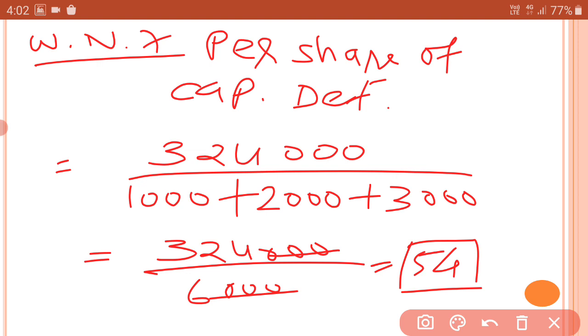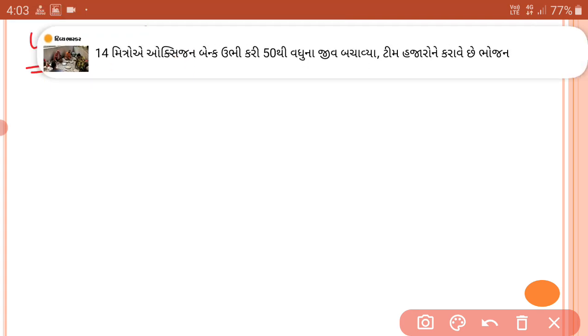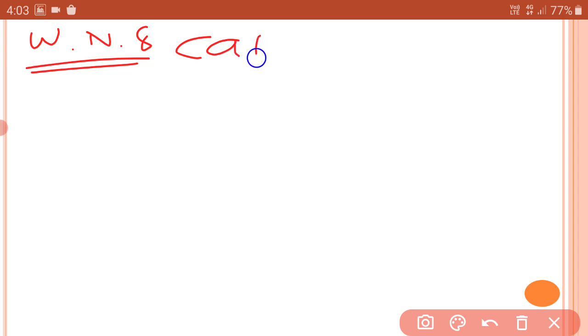Per share of capital deficiency. After that, you find out the call up and paid up value, working note 8. Call up or paid up.